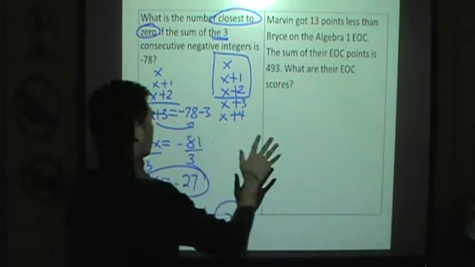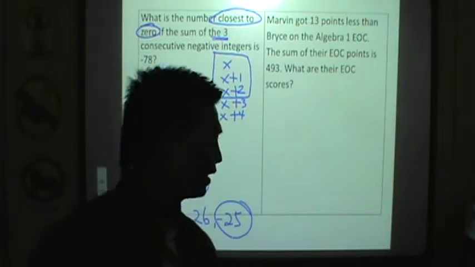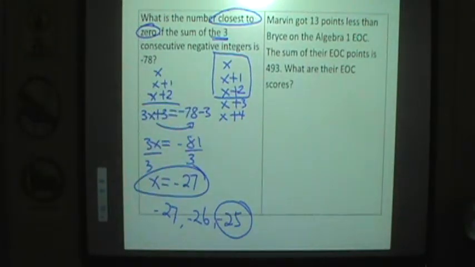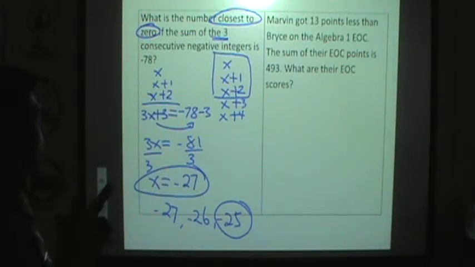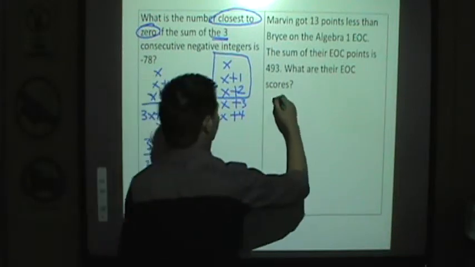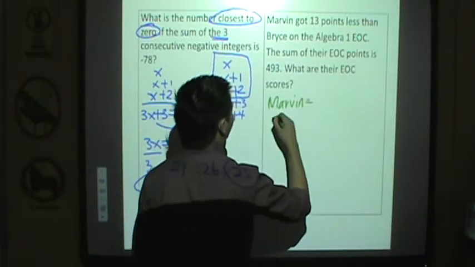Okay? In this problem, again, you really need to read the question. Try reading the problem first. In this problem, we have two guys here. We have Marvin and Bryce.